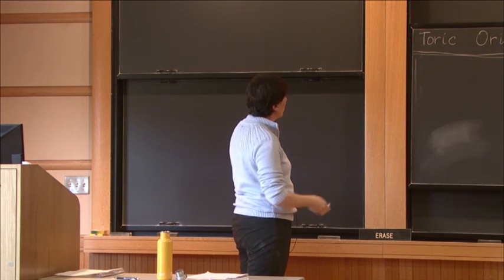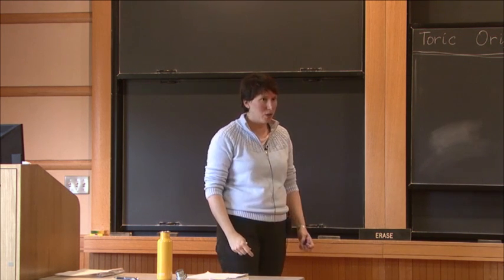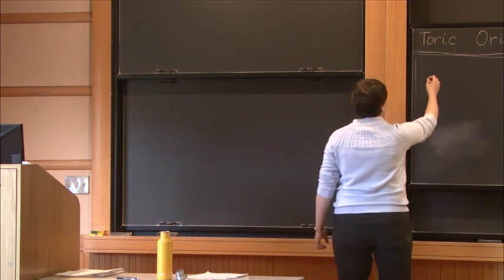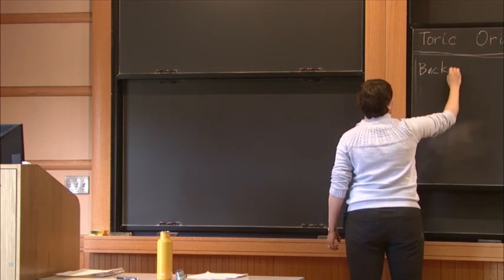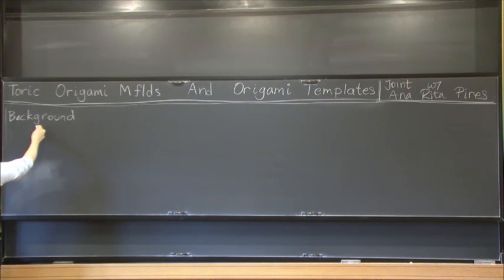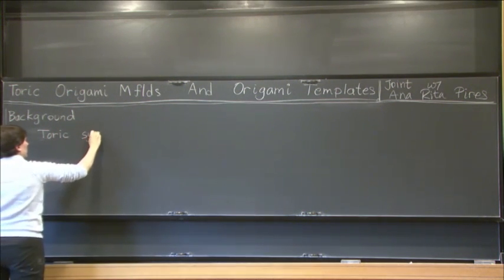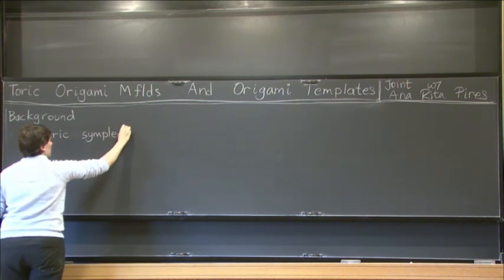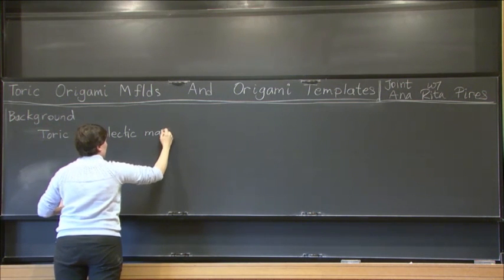The basic background: toric origami manifolds and origami templates. First, I should tell you at least a few words about toric manifolds. The framework that I am coming from is symplectic geometry, and the key gadgets there are toric symplectic manifolds.